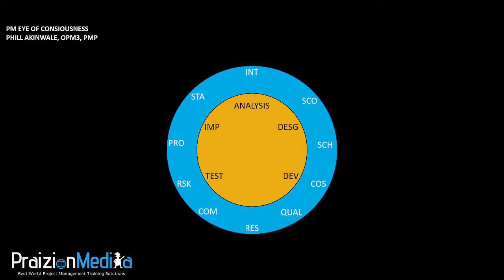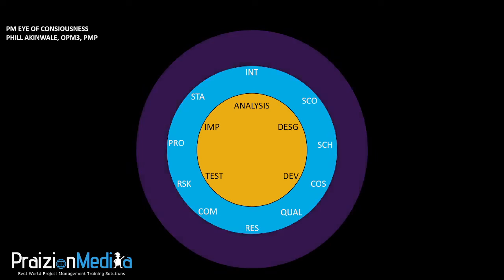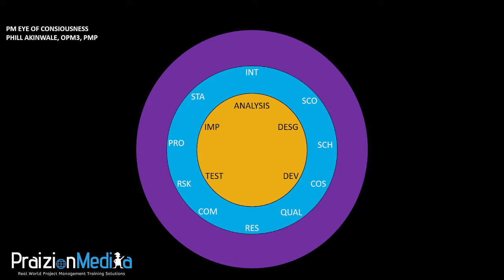All of this is cocooned in a bigger bubble, which is the 5 process groups. And the 5 process groups are simply initiating, planning, executing, monitoring and controlling, and closing. Now, on the exam, the questions will be, what should the project manager do next?